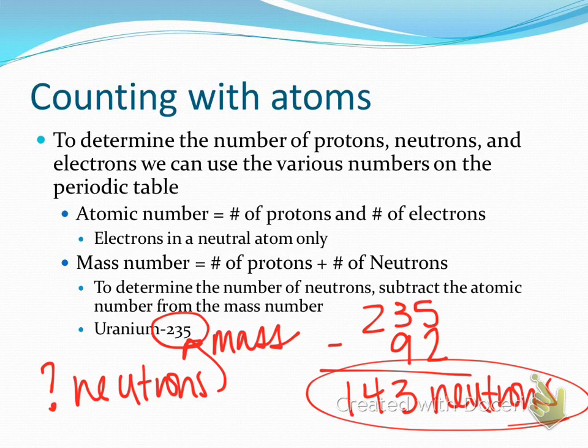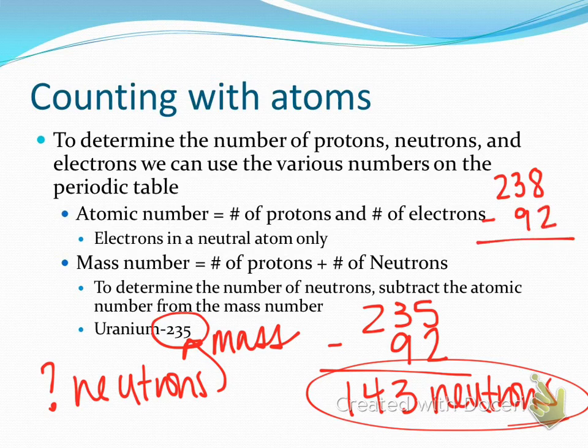Look at the mass of uranium that's given on your periodic table. What's the atomic mass of uranium given on your periodic table? 238. So that means that's another common version. 235 might be an isotope, but it might not be the most abundant if 238 is the average that's given on the periodic table. So if I was doing uranium-238, I'd say 238 minus 92.